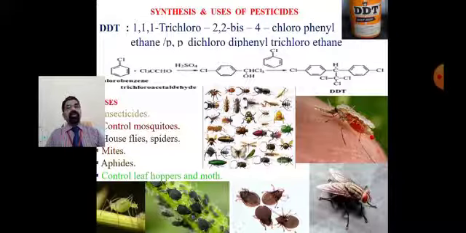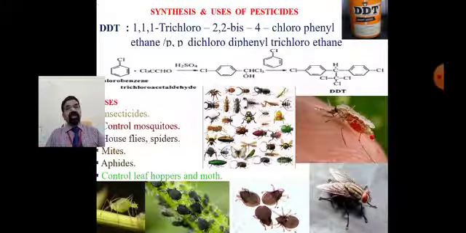DDT is also used against houseflies and spiders. It can also be used to control mites. Mites are small microorganisms, small insects which come from the arthropod family. DDT is also used to control aphids.